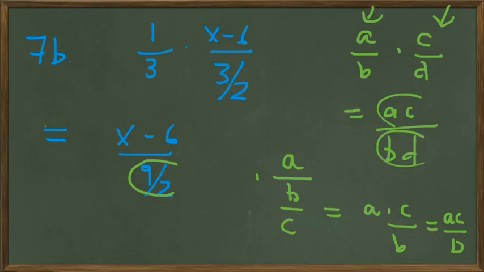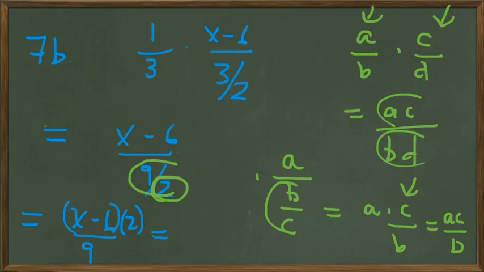So we're going to take this bc, and instead of dividing by that, we're going to multiply by c over b to get ac over b. The c is 2, and so bring that 2 up into the numerator, and now we need to distribute the 2 across the x minus 6 to get 2x minus 12 over 9 as our simplest form of this fraction.